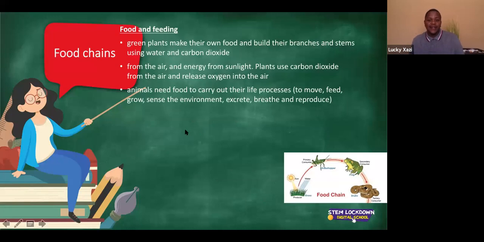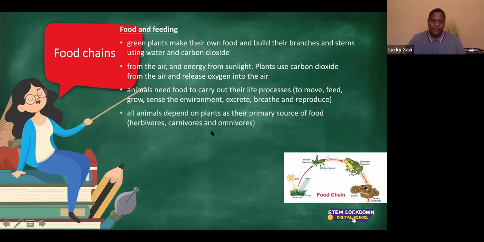Animals need food to carry out their life processes: to move, to feed, to grow, to sense the environment, to excrete, to breathe, and to reproduce. All animals depend on plants as their primary source of food.